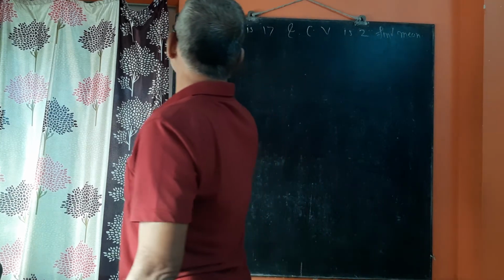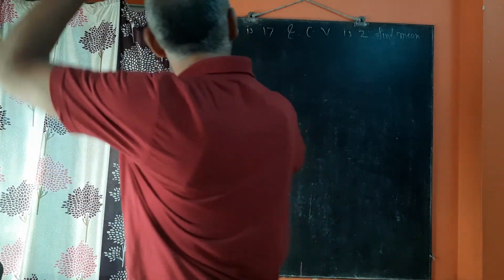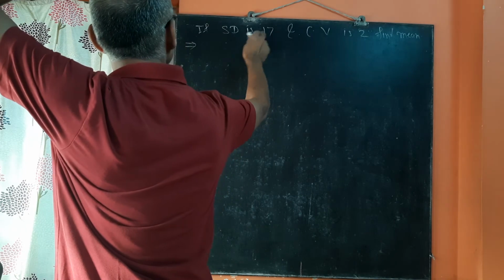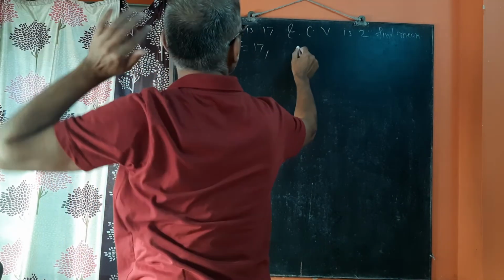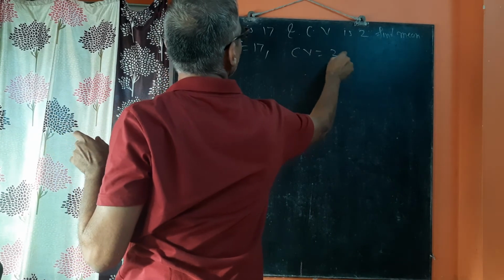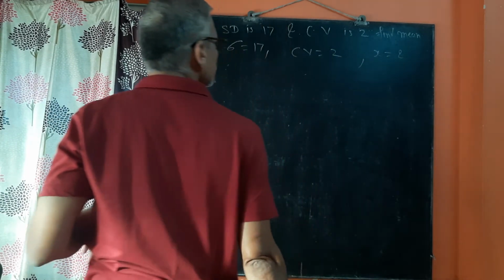So what is given? The given data is standard deviation is 17. That means sigma equals 17. CV equals 2. We have to find x bar equals how much.